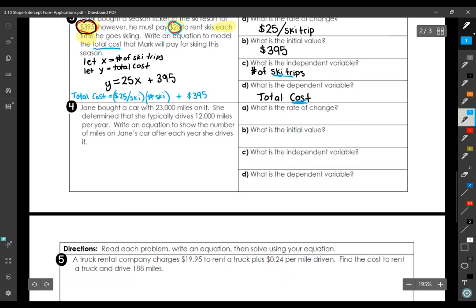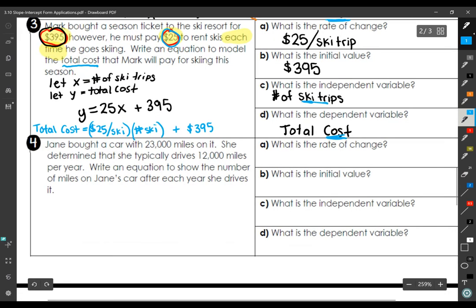Question 4. Jane bought a car with 23,000 miles on it. She determined that she typically drives 12,000 miles per year. Write an equation to show the number of miles on Jane's car after each year she drives it.